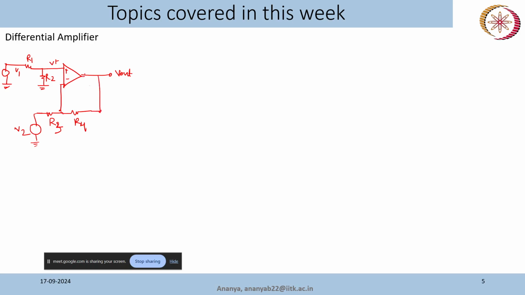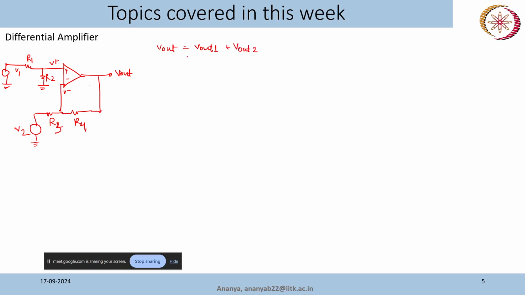Okay, this is V minus. So in this case how we solve this circuit, we use the superposition theorem. We ignore one input at a time and consider the output for one input signal. So total V out is equal to V out due to the first input plus V out due to the second input.